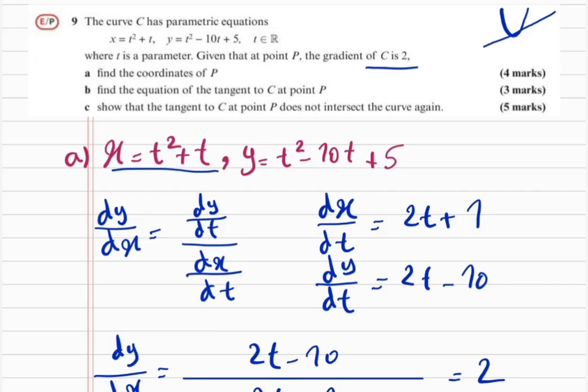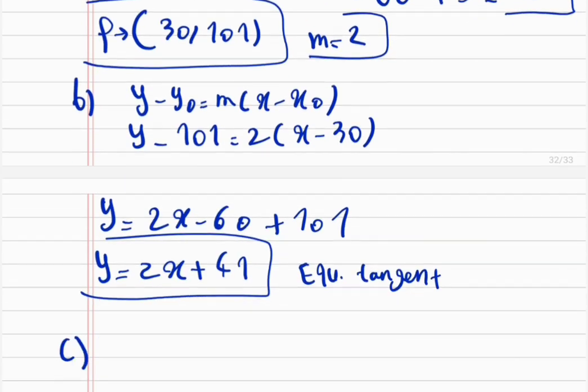Now, in this case, we want to show that fact, because normally we just use that, but this time we want to show that that's true. So what we do here is actually using the equation of the tangent.